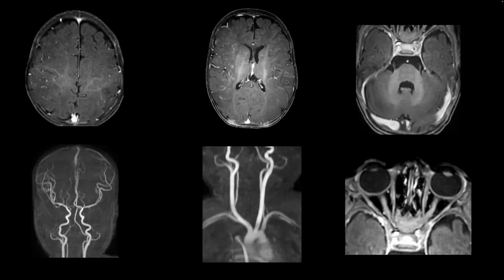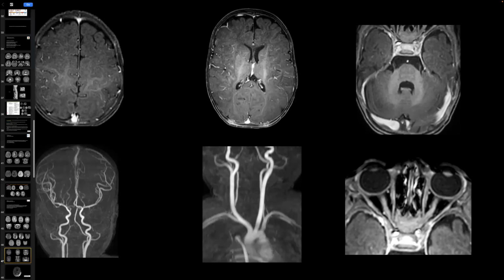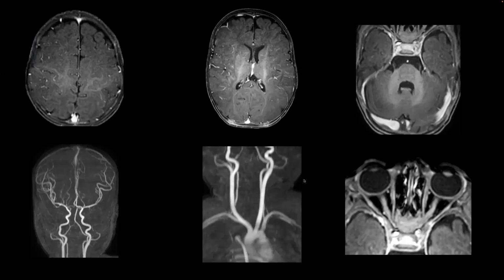Contrast was done, and I could not appreciate any abnormal contrast uptake. Angio was done. Other than the normal variant of a right hypoplastic vertebral artery, the bilateral MCA and ICA were normal. The neck vessels also did not demonstrate any abnormality. I thought there was some degree of optic nerve enhancement on both sides.